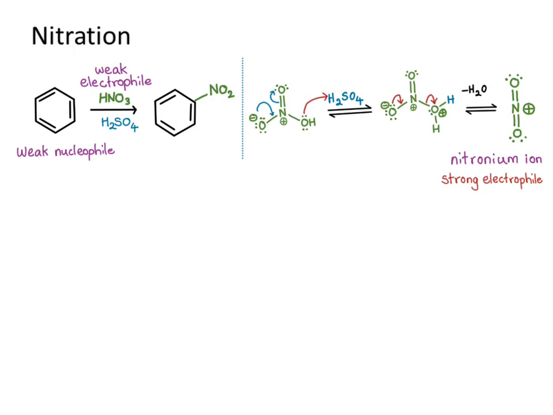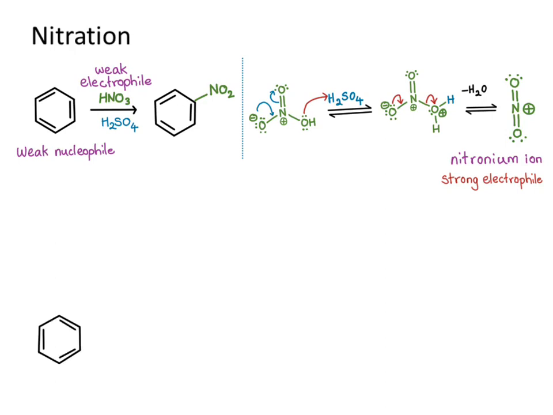That is an electrophile, right? So this is a strong electrophile, and that will push the reaction to go forward. You converted the weak electrophile into a strong electrophile. Now the reaction is okay to go forward, right?